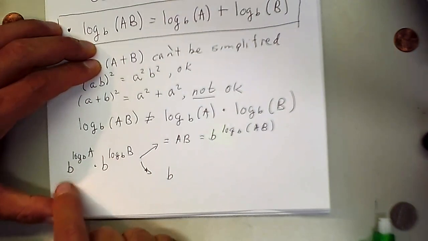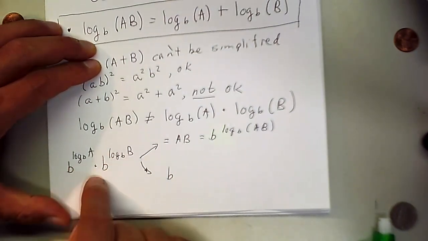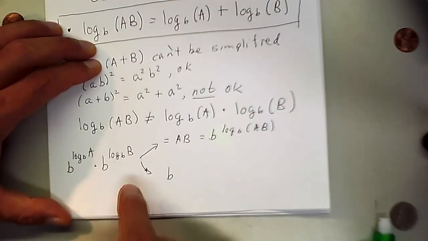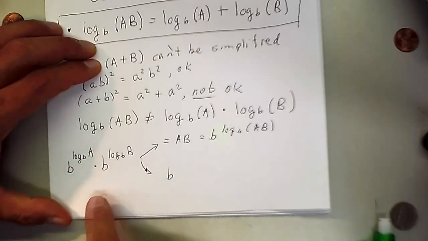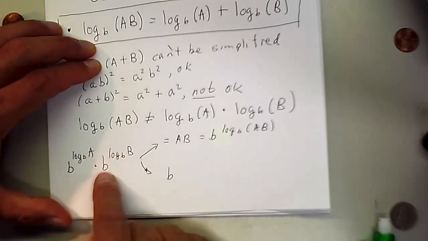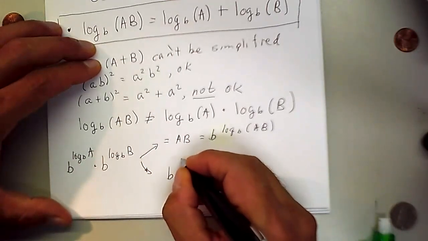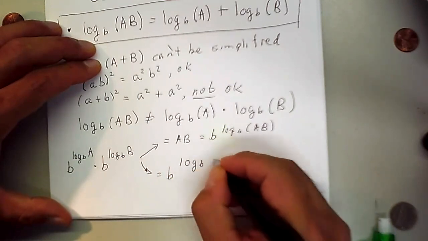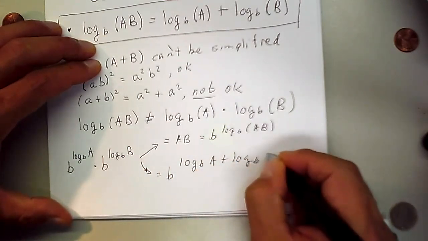If you have, for instance, a to the 3 times a to the 4, I'm changing the bases. So again, if you had little a to the 3 times little a to the 4, we add the exponents and we end up with a to the 7. Likewise here, since we have the same base, we can simply add the exponents. So the exponent equals the logarithm in base b of a plus the logarithm in base b of b.